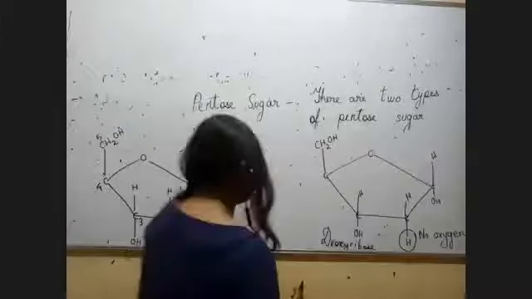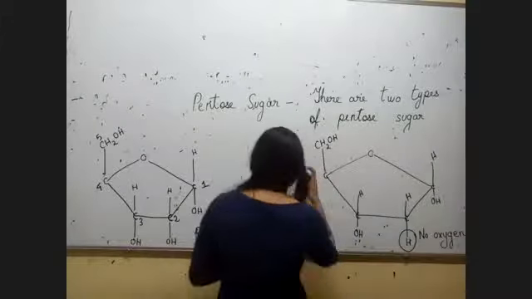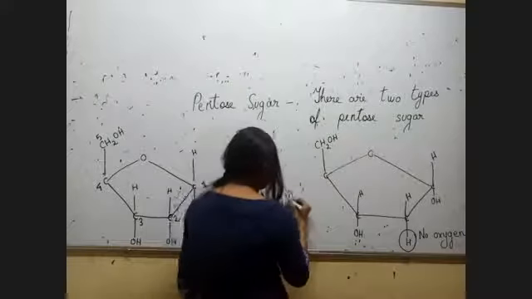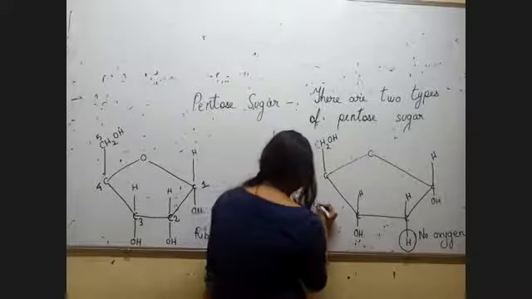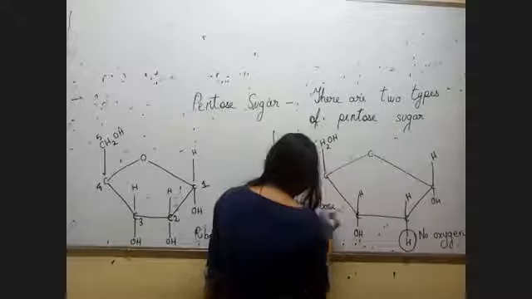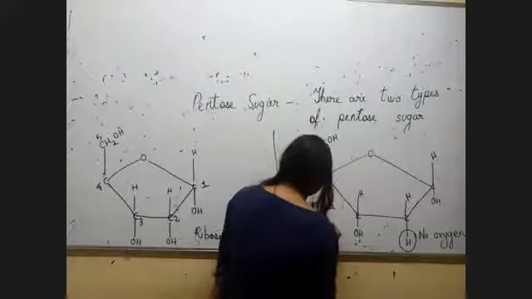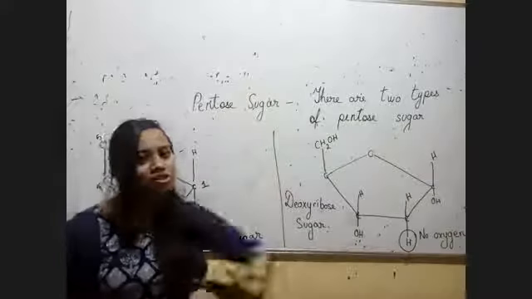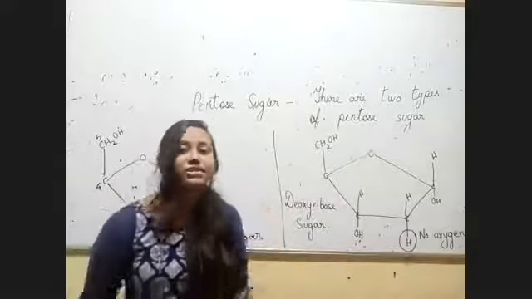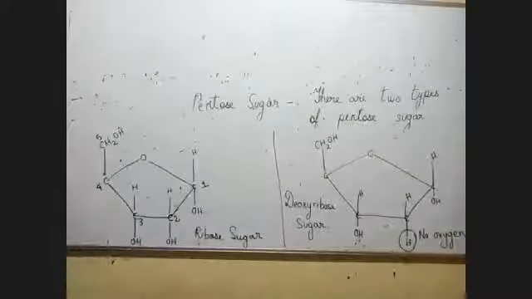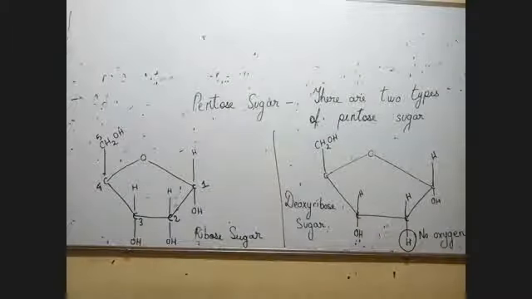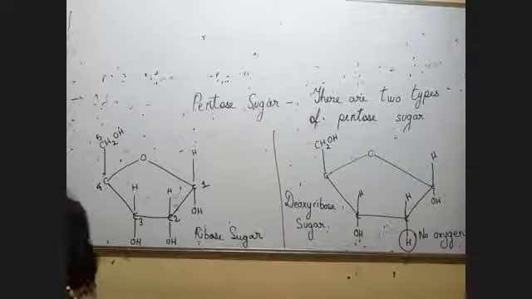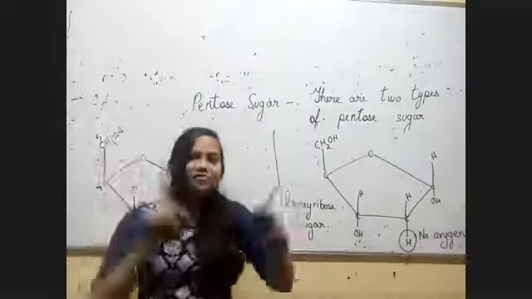Write deoxyribose sugar, okay? What will be the difference between ribose sugar and deoxyribose sugar? In carbon number 2 of deoxyribose sugar, there is no oxygen. So we got two differences in case of DNA and RNA.